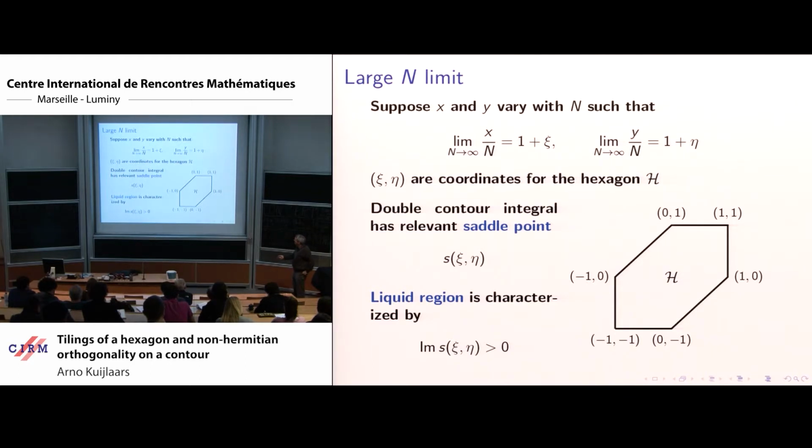And the liquid region will then be characterized by the fact that the saddle point is indeed in the upper half plane. There will be a corresponding saddle point also in the lower half plane.